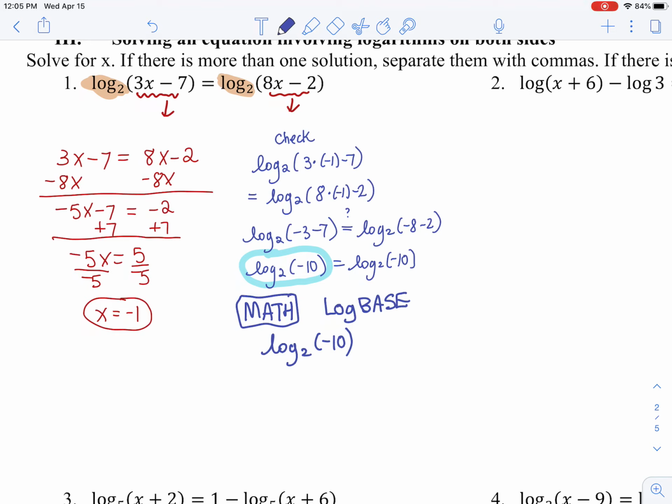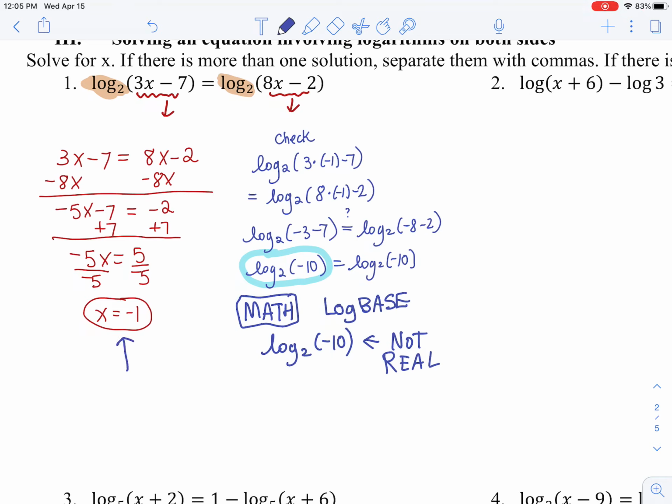So what we're going to say here is that -1, it's called an extraneous solution because it's really not a real solution. Because if x is -1, the arguments turn into negative, right? Arguments turn into -10 on both sides. And the domain of a logarithmic function, the argument better be greater than 0. So we're going to say this is not real. This is not real.